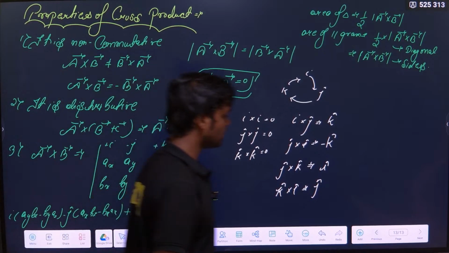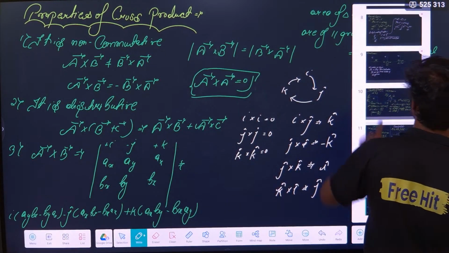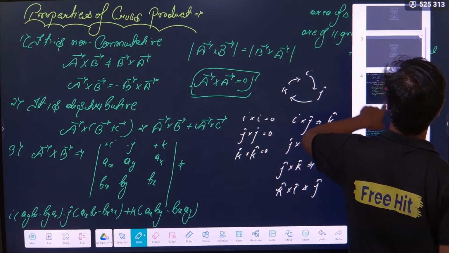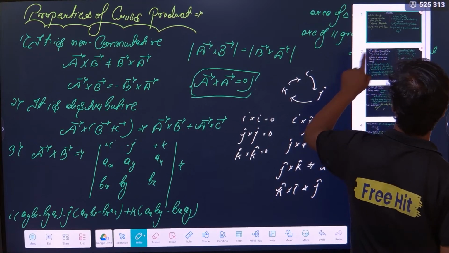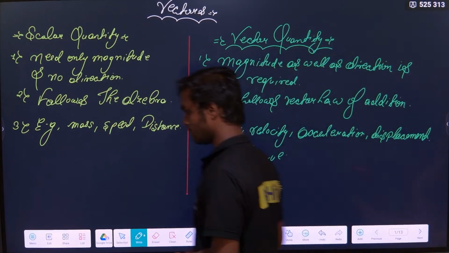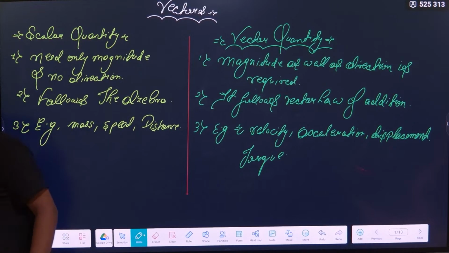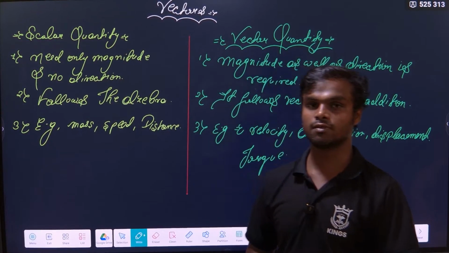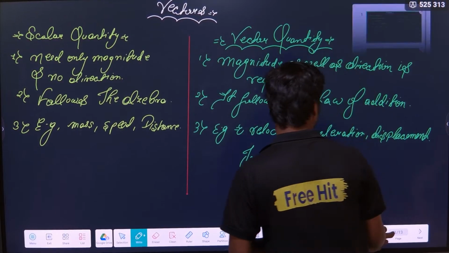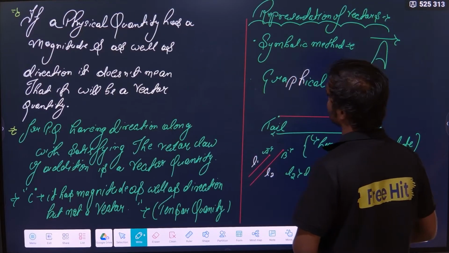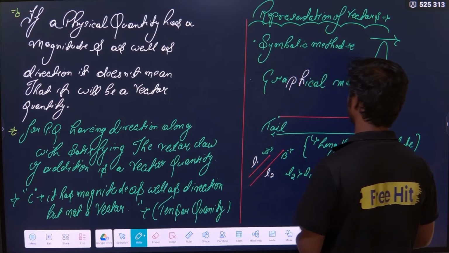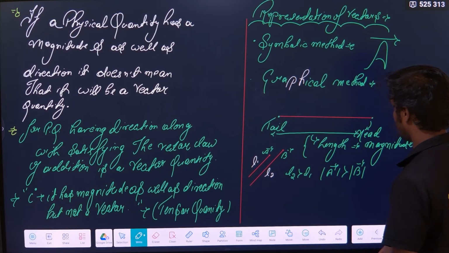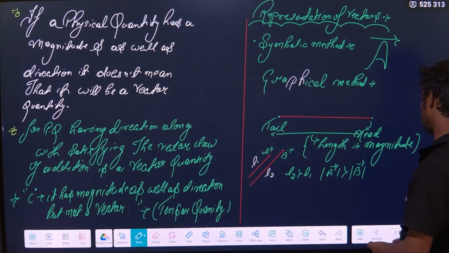So in vectors, we have completed everything which is required for solving the questions. First we started with the basic definition, the different types of physical quantities, scalar quantities and vector quantities, and the important definitions and how to represent vectors.